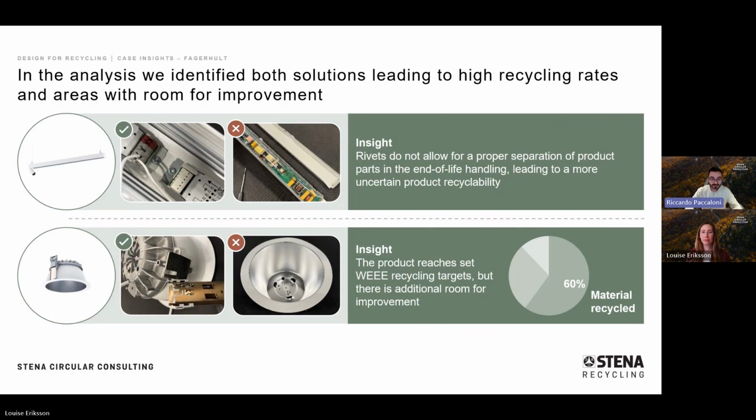And some areas to focus on when it comes to recyclability of electronics are, for instance, the printed circuit boards, which contain non-recycled plastics, and those impact recyclability. So it's good to work with reduced mass or other opportunities there. It's also good to look into surface finishes that contribute to material loss. When the metal, in this case, is recycled, the surface finish is a loss in this process.